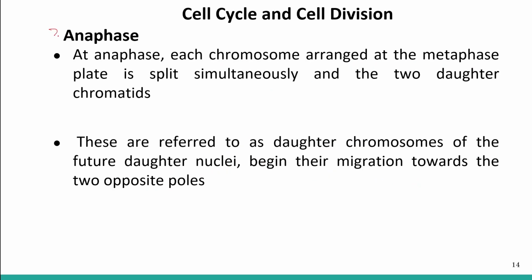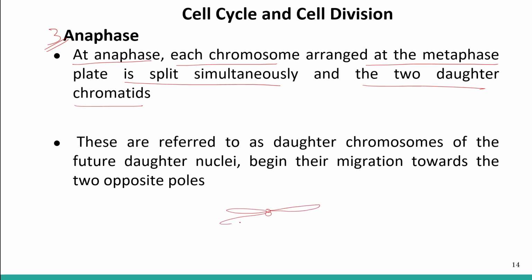The third stage, that is the anaphase. So at anaphase, each chromosome arranged at the metaphase plate is split simultaneously into the two daughter chromatids. Now, what happened? We have seen that the chromatids of each chromosome are attached with the spindle fibers running to opposite poles, right?